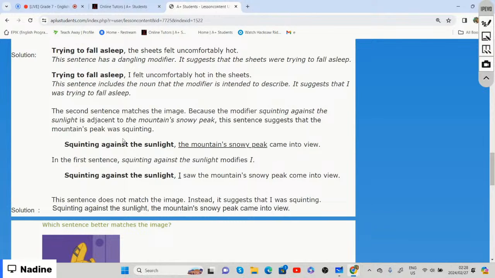But if we say, I saw the mountain, then it definitely suggests that somebody saw it. It's not just the mountain who flourished his snowy peak and saw it for himself.